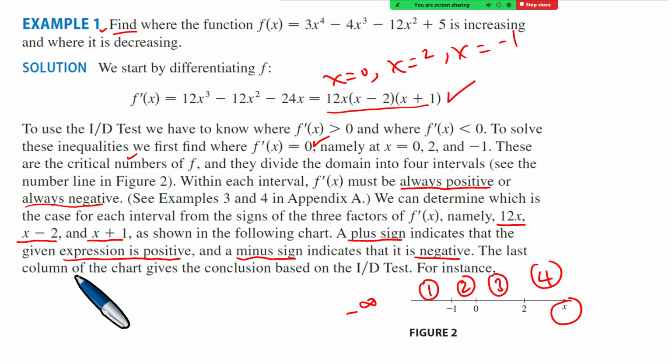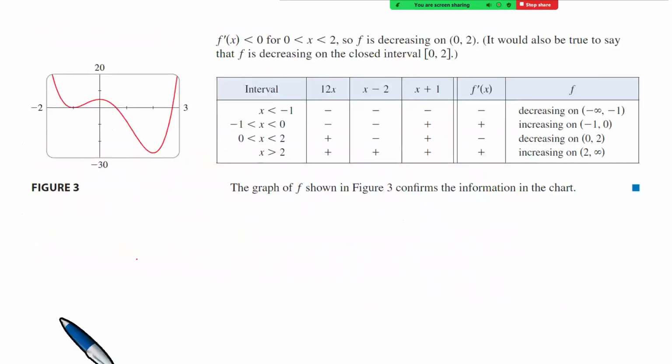The last column of the chart gives the conclusion based on the increasing derivative test, or rather, the increasing and decreasing derivative tests. Let's take a look. This is the chart.